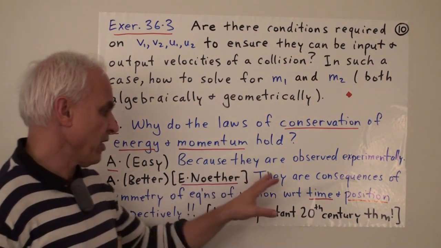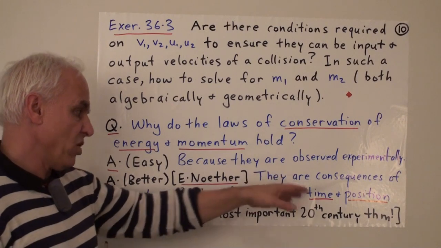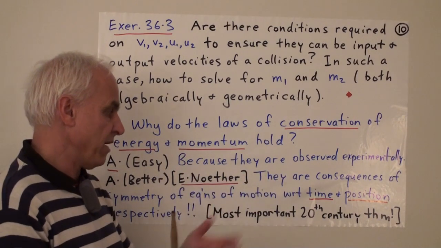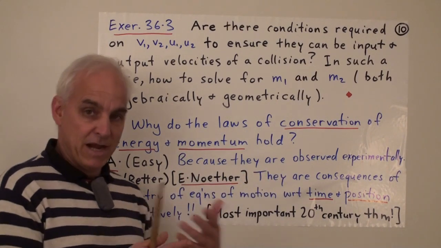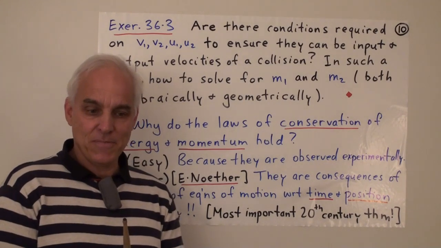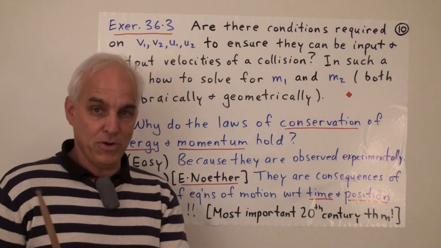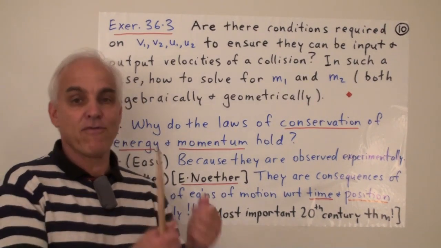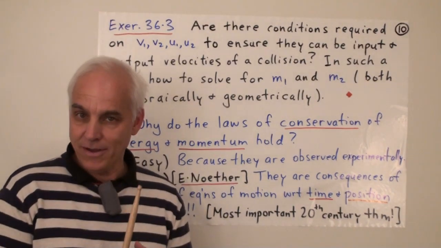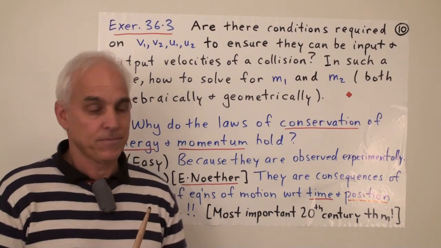Hers was a very general theory that explained not just this, but showed that physicists could expect conservation laws in a wide variety of situations whenever there was some symmetry floating around. It was really a driver of the search for symmetry by physicists in the 20th century.